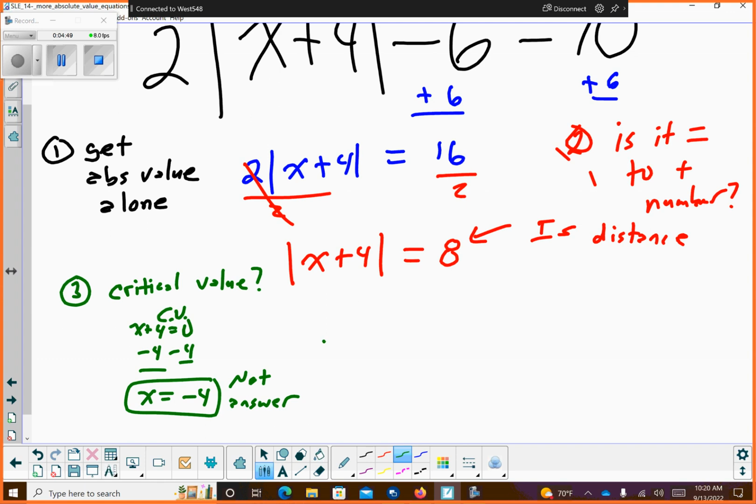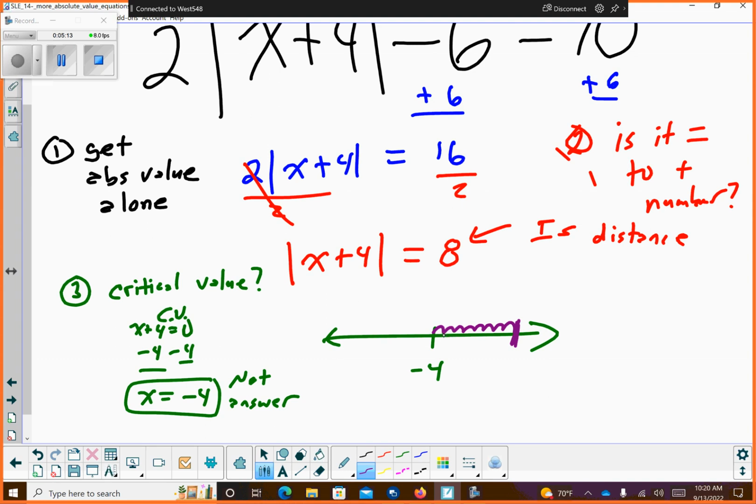Okay, so let's think about a number line. If I had -4 on this number line, still follow me? If I count this way 8, right there is my answer. So let's count it. Ready?